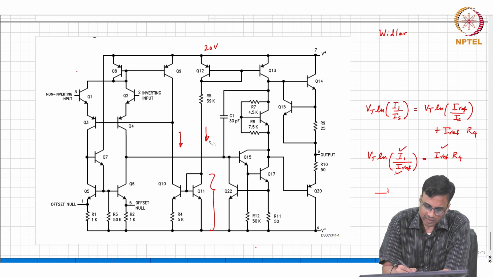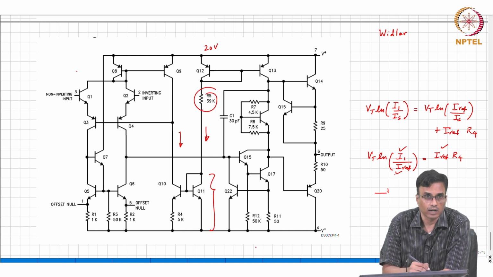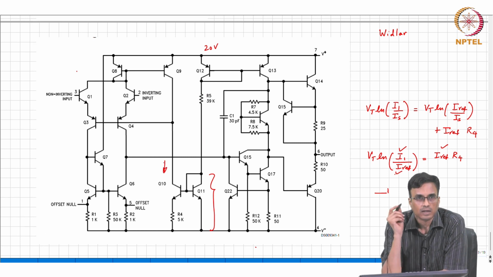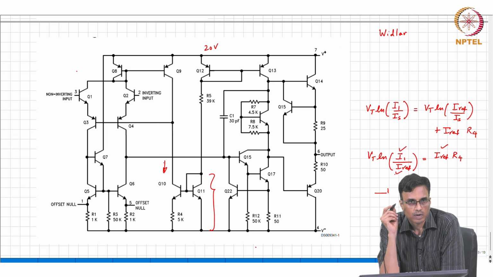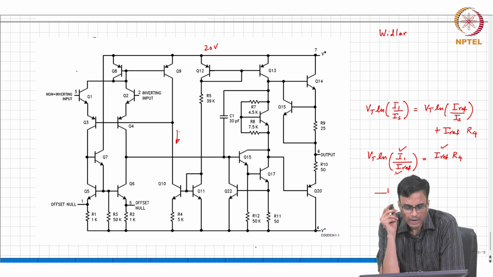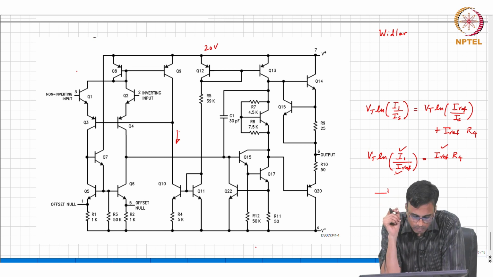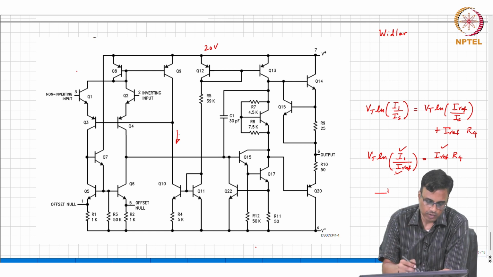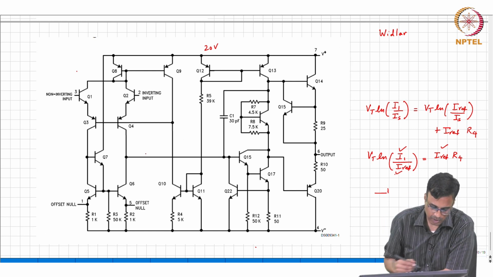Even though this current varies by a lot, this voltage will vary by a very small amount. So, this is the way to get Iref to be independent of supply, and a sufficient and small current that he wants without using a large resistance.